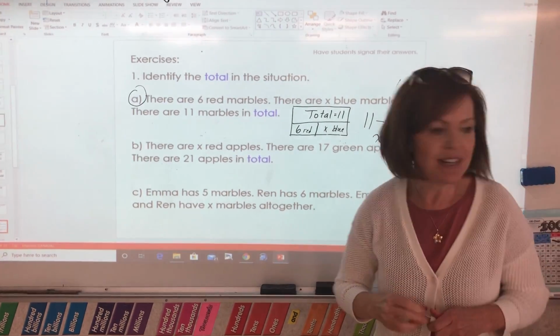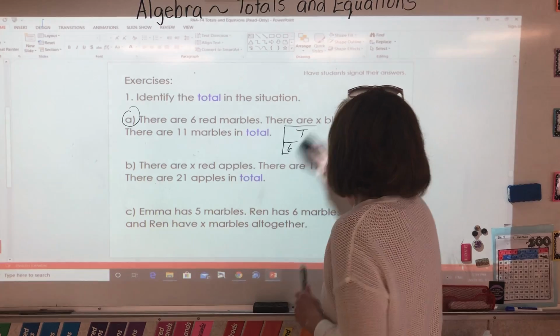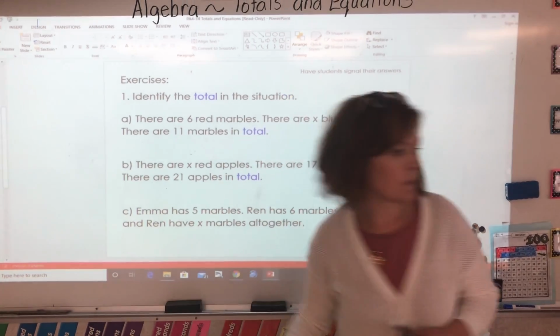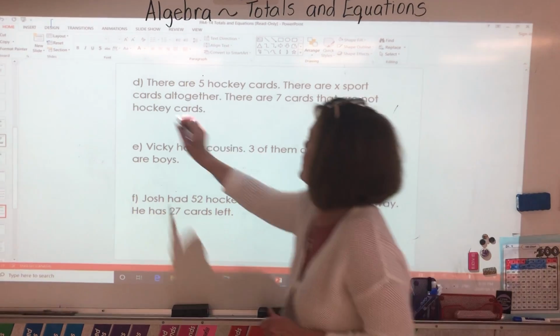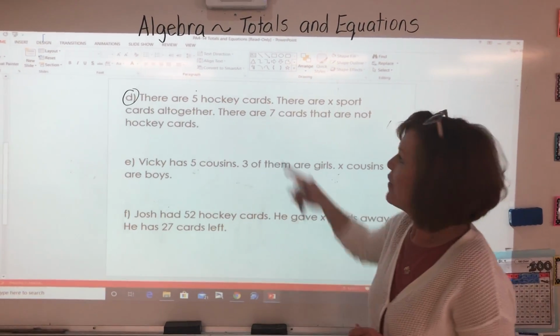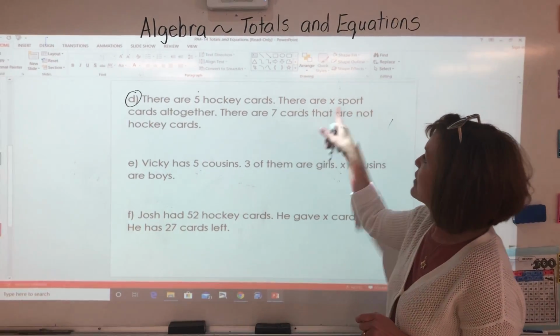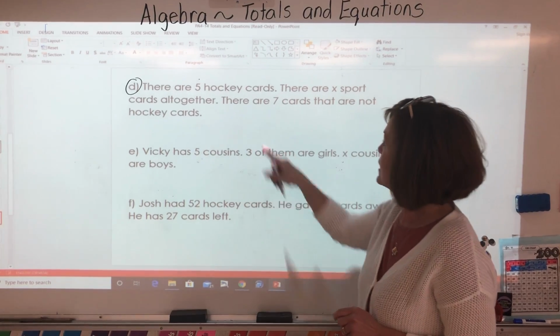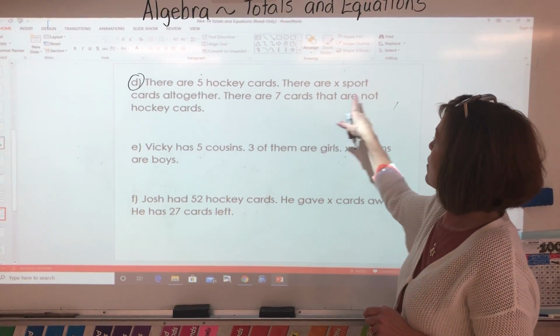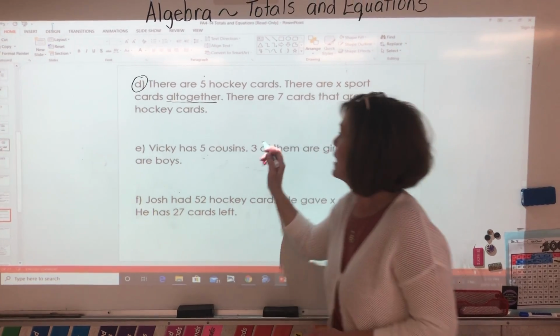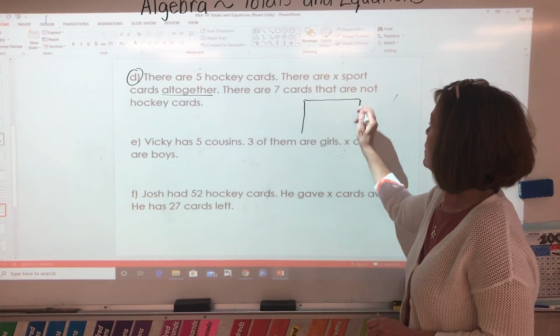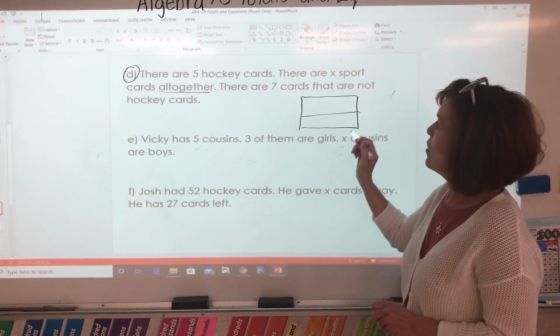Okay, and we'll try another example. Okay, the hockey card one. There are 5 hockey cards. There are X sports cards all together. There are 7 cards that are not hockey cards. Okay, I saw the word all together. That's like total. There are X cards all together.